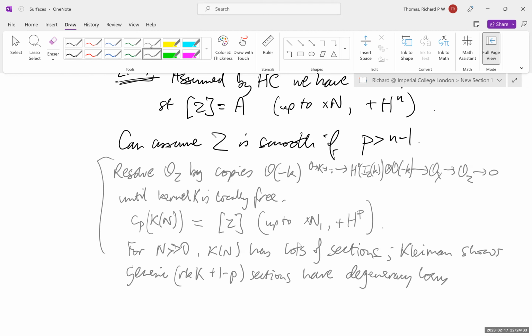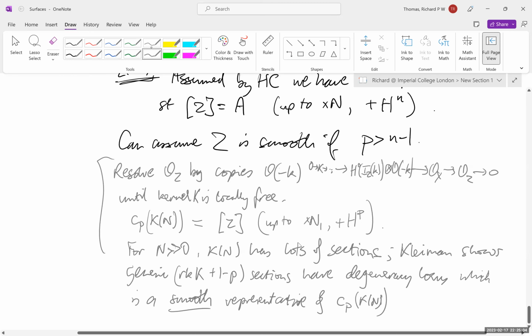Generically they're linearly independent, and you look at the locus where they become linearly dependent, where the minors of the matrix vanish. So they have degeneracy locus which is a smooth representative of this Chern class, so long as p is bigger than n minus 1.